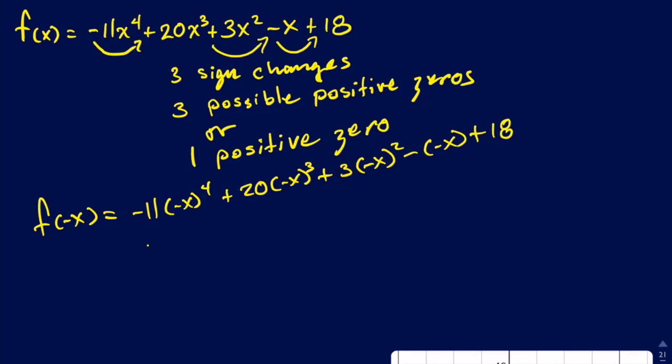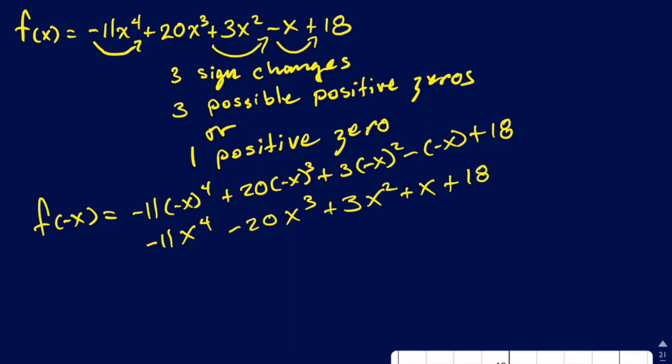This turns into just negative 11x to the 4 because negative x to the 4th power is positive x to the 4th. This one's going to be a negative 20x to the 3 because negative x to the 3 is negative x cubed, so that negative comes to the front. So plus 3 times negative x squared is positive x squared, so this just becomes positive 3x squared. And then minus negative x is positive x, and plus 18.